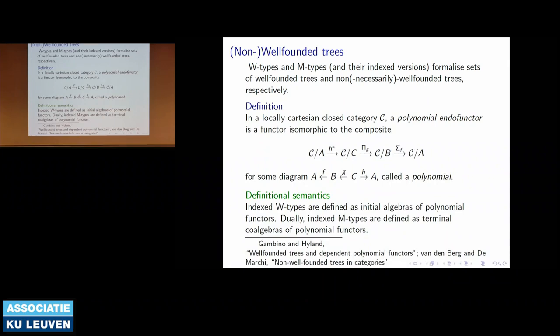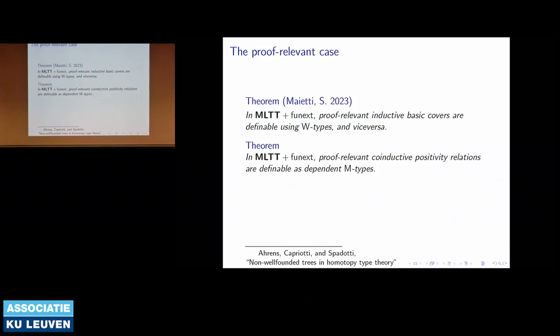Indexed W types, here I'm referring only to their indexed versions, also known as dependent versions, are just initial algebras of polynomial endofunctors, and dually, indexed M types are terminal coalgebras of polynomial functors. Pretty simple.